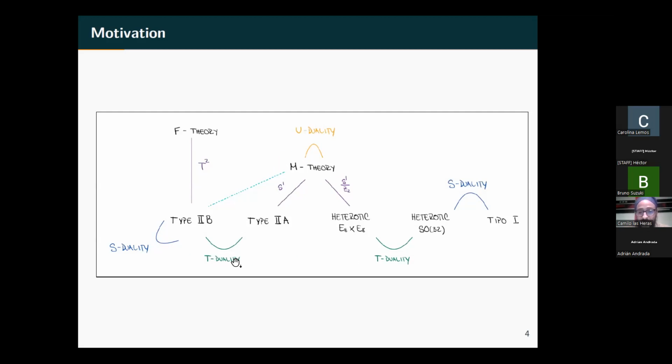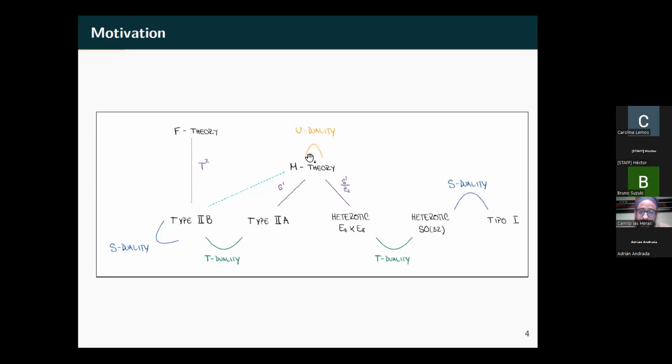And dualities of string theory should be manifested as symmetries of M theory. T-duality is a symmetry that relates theories with a different geometry of the space-time, and S-duality is called a strong-weak duality because it relates theories at different couplings, weak and strong coupling.